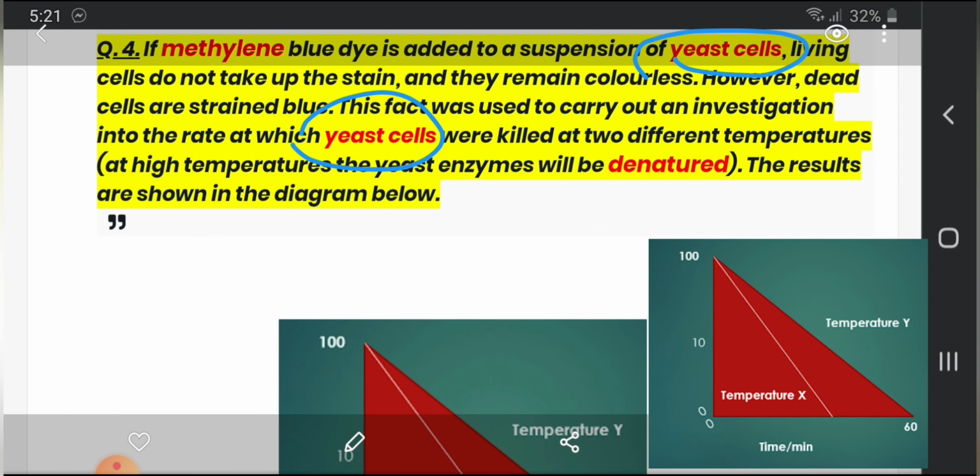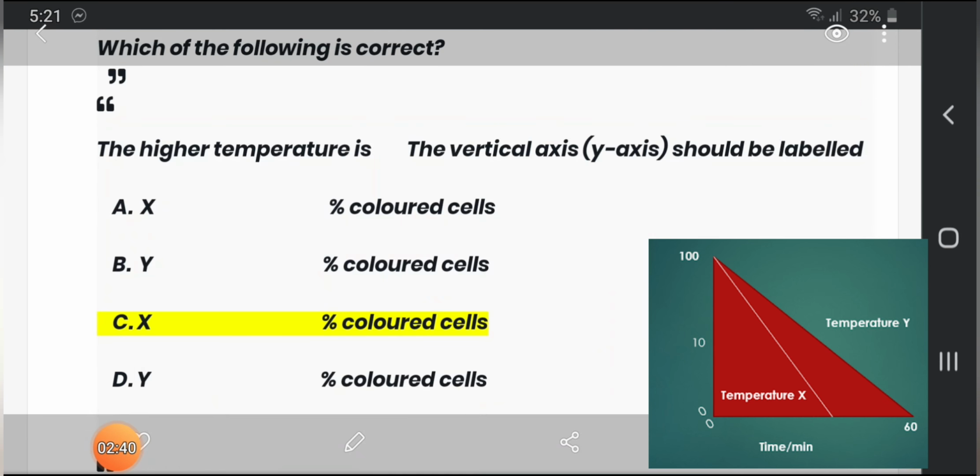At high temperature, the yeast enzymes will be denatured. The results are shown in the diagram. Which of the following is correct? The answer is C.